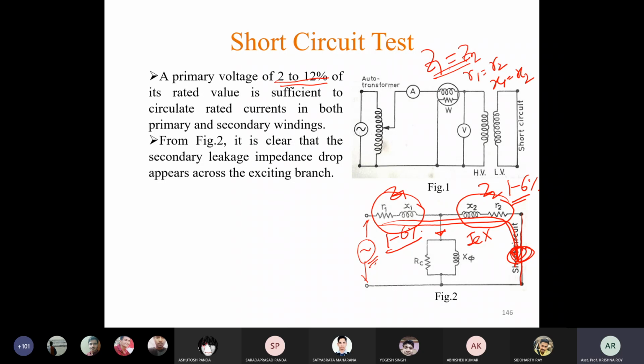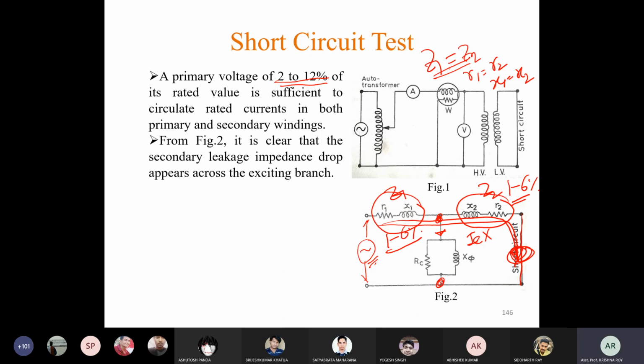Got my point? Yes, sir. So what happens? Half the applied voltage appears across this branch, which is about 1 to 6% of rated voltage.